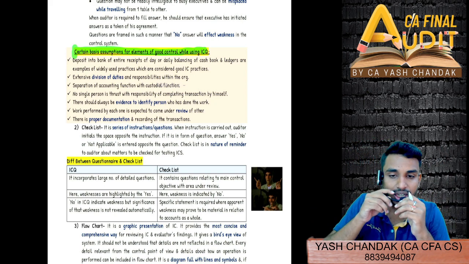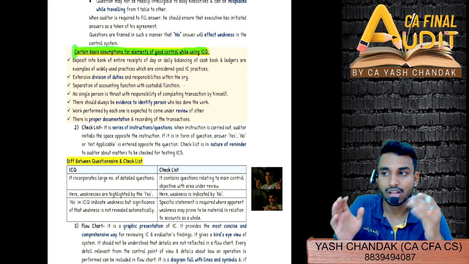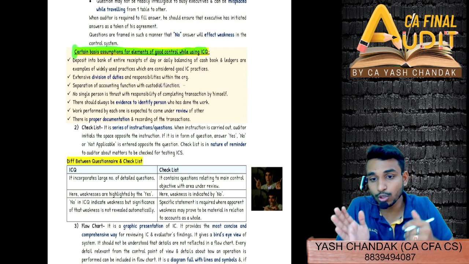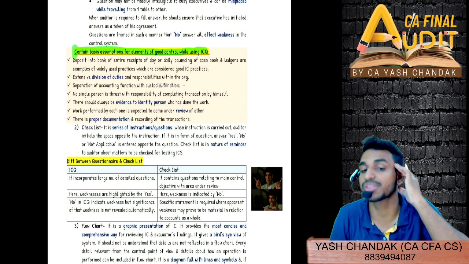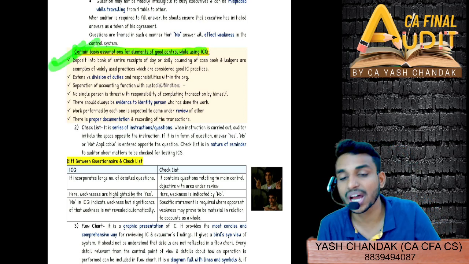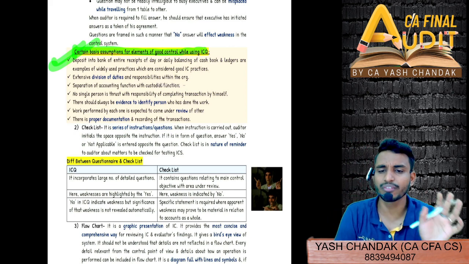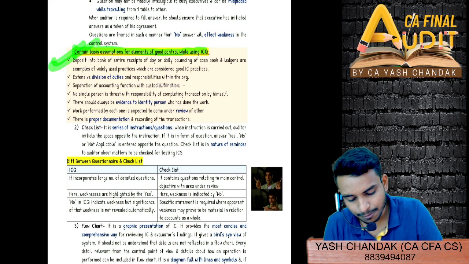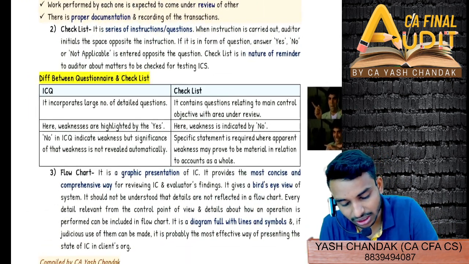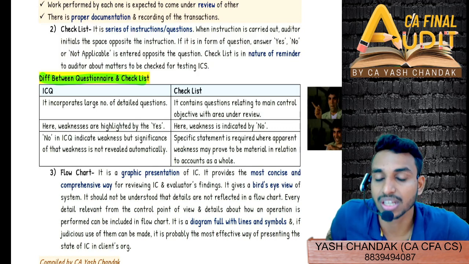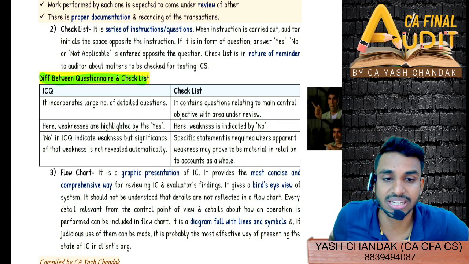So in ICQ, internal control questionnaires, you have to frame the questions for us to assess how the controls are in the entity. When you frame the questions, you have certain basic assumptions in your mind. So what assumptions are there? That yes, definitely the controls will be there, controls will be good enough, and whatever sorts of controls. Similarly, there could be another question: what is the difference between questionnaire ICQ and checklist?